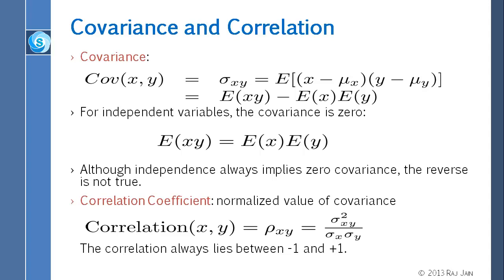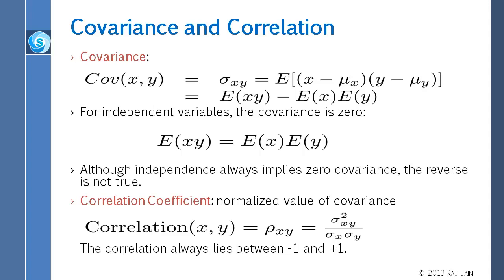Anyway, for independent variables, if the variables x and y are independent, then the covariance will be 0. The expected value of x times y will be exactly equal to expected value of x times expected value of y. There is no relationship. So this will be 0 for independent variables. Now this conclusion is only one way.